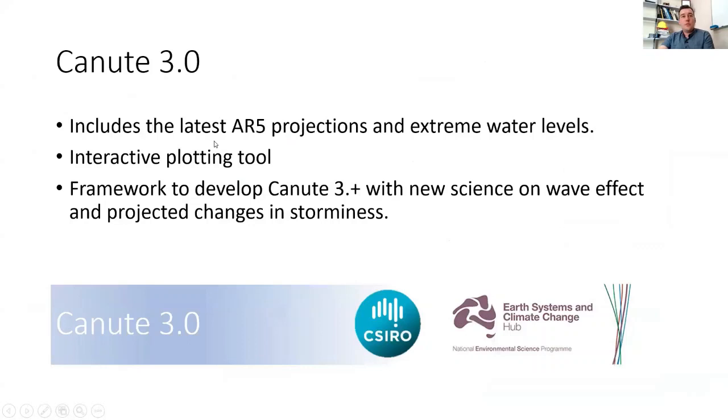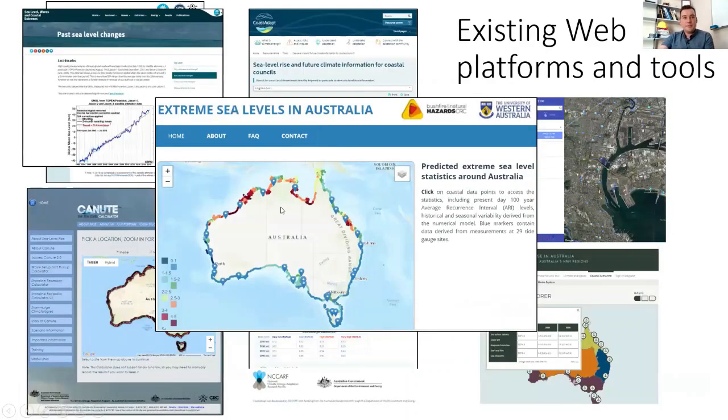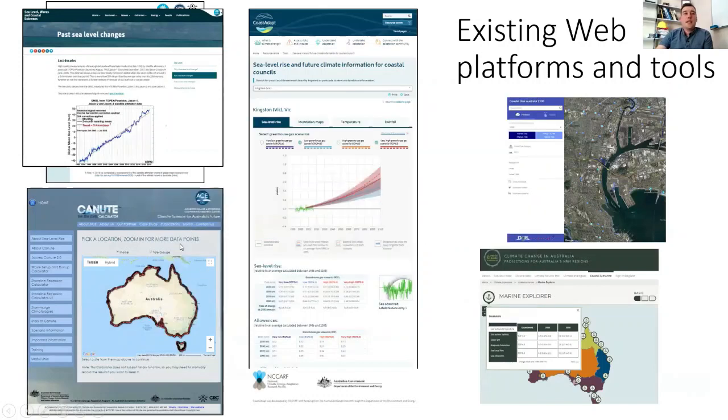So the new tool that we're presenting, Canute 3.0. What it does, it builds on the Canute 2.0, which was developed by the university. Sorry, before I move on, I got to mention that there's been involvement from a whole lot of different groups to develop these web tools, and there's a lot of overlap with the information that's passed between there.